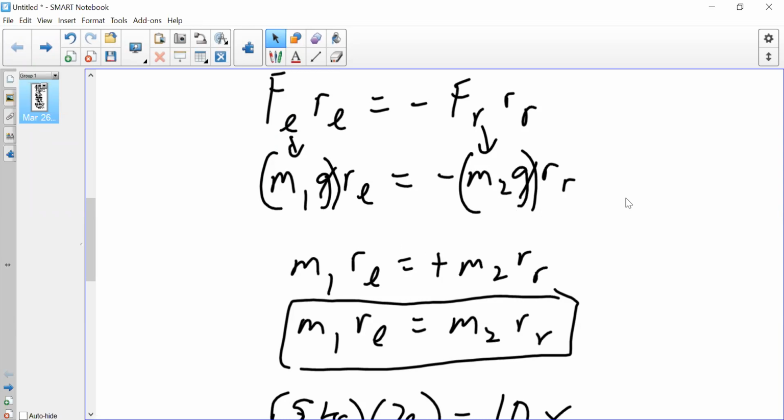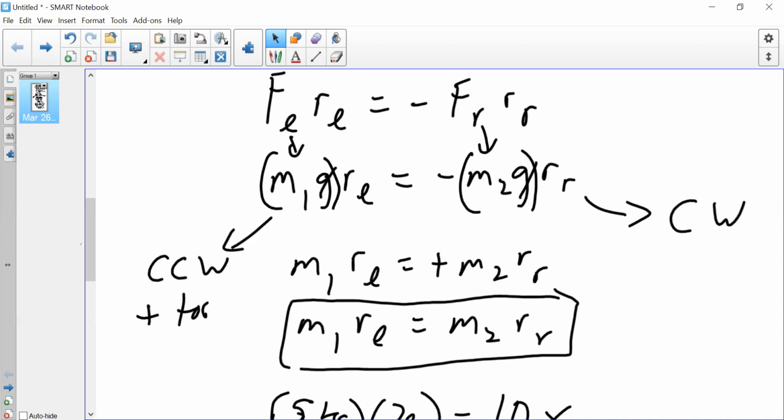This clockwise torque would cause the system to spin from right to left, and then this guy would go from left to right. That's a counterclockwise or positive torque, and this would be a negative torque. But that's just something neat to know on the back end. You don't have to use it in the context of our game today.